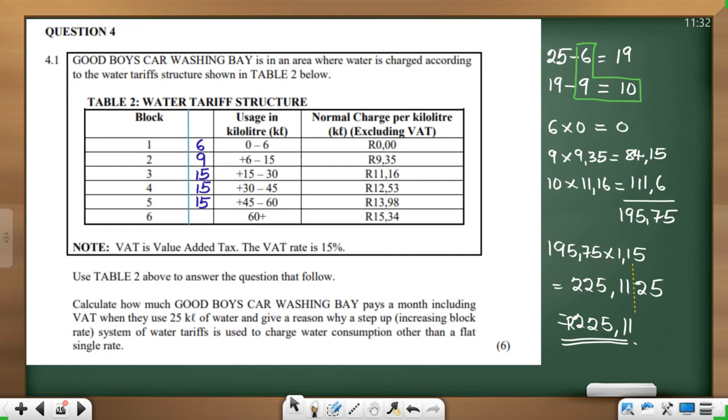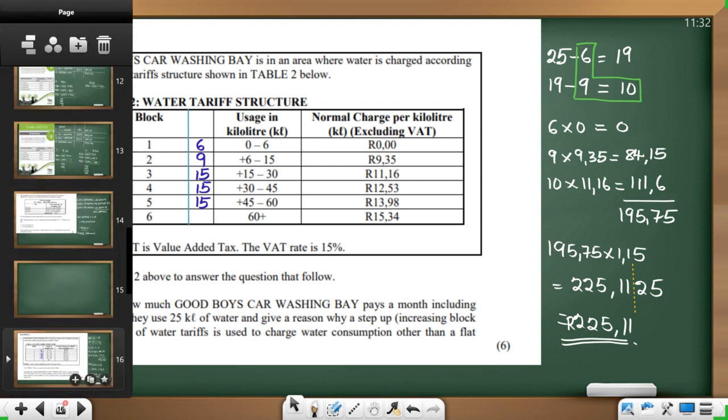And give a reason why a step-up system of water tariff is used to charge water consumption other than a flat rate. A flat rate means no matter what you use, everybody pays the same, which is not fair. What about people who traveled and not at home? They didn't use any water. They have to pay for what they didn't use. You see, it's unfair.